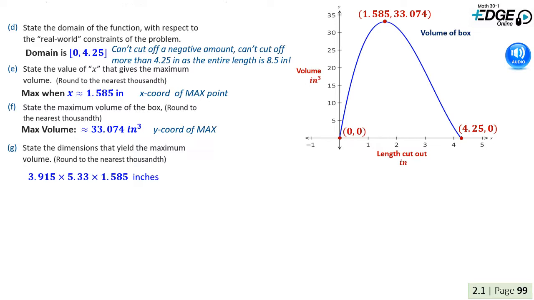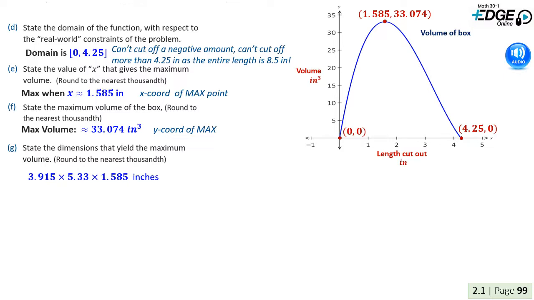Now, the question here asks us to state the dimensions yielding this maximum volume. This is really important. Where does that number 3.915 and 5.33 come from? Well, x being 1.585 generates the maximum volume. We determined earlier that our expression for volume was 8.5 minus 2x times 5.5 minus x times x.